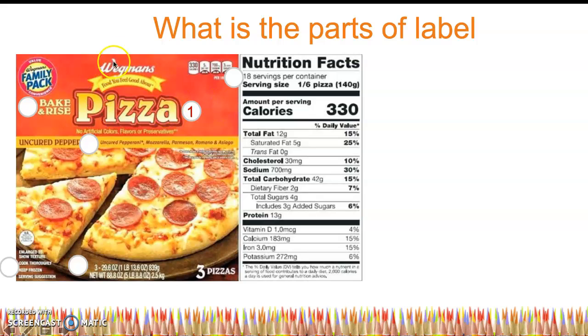So number 1 is pizza, and this is name of product. And number 2, bake and rice, and this is descriptions.